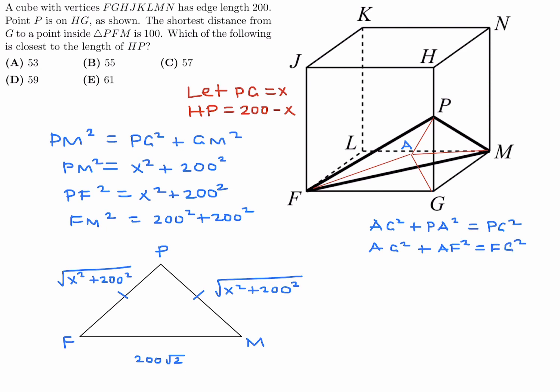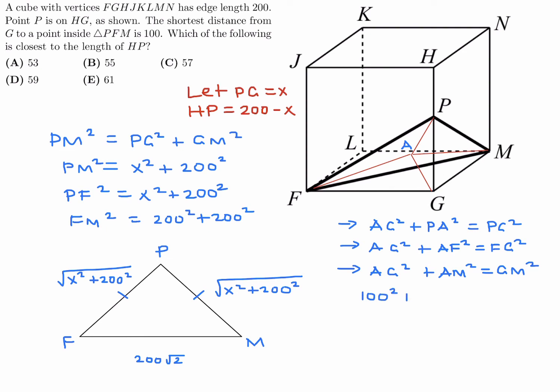And also very similarly, AG squared plus AM squared will be GM squared. So AG, they have told me, is 100. Basically, the shortest distance from G to that triangle. So these three equations basically give me the following result.